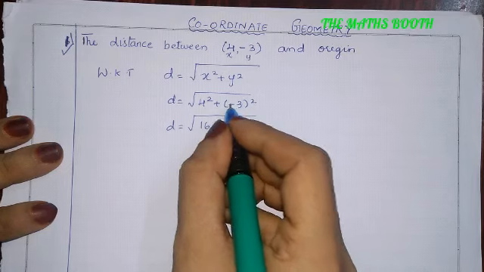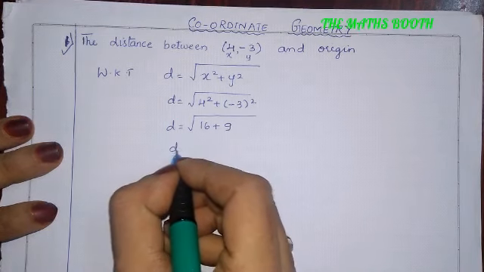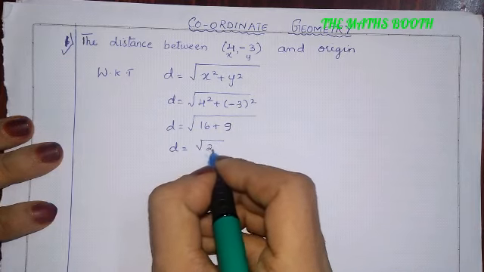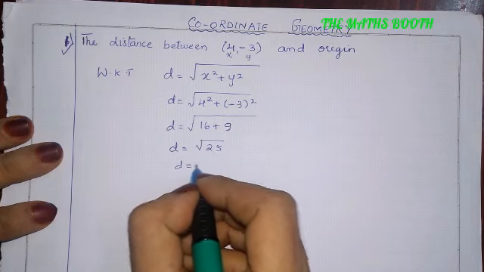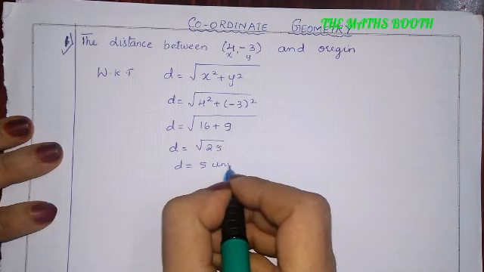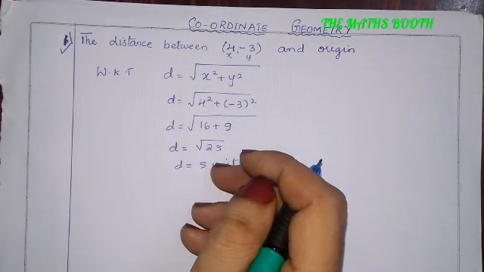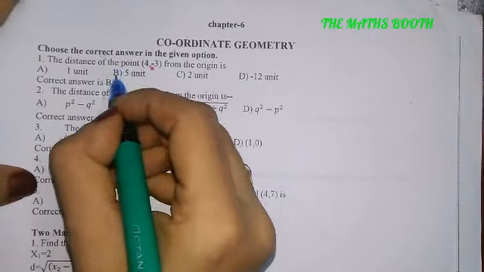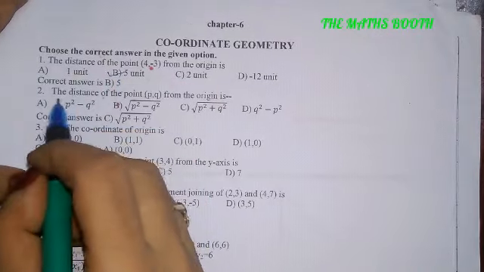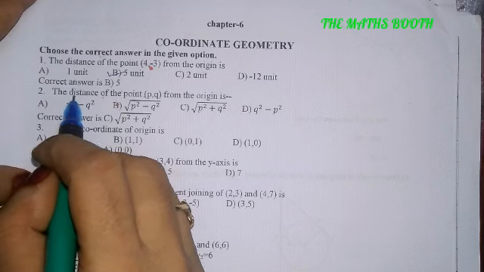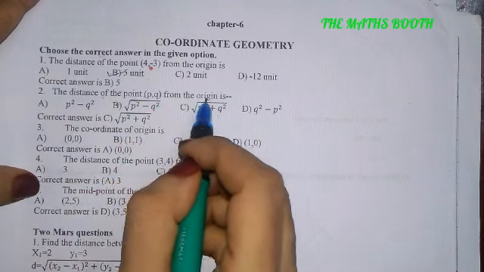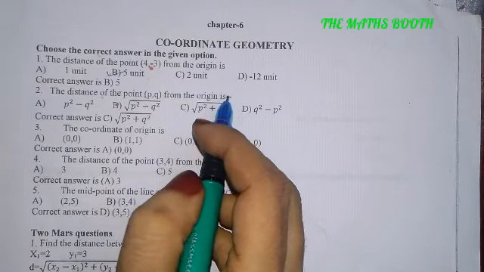So d is equal to 16 plus 9 is 25. d is equal to 5 unit. So the correct option in the given question is B, 5 unit.